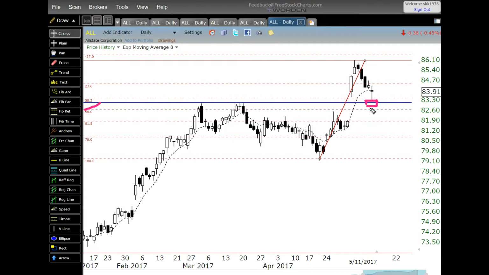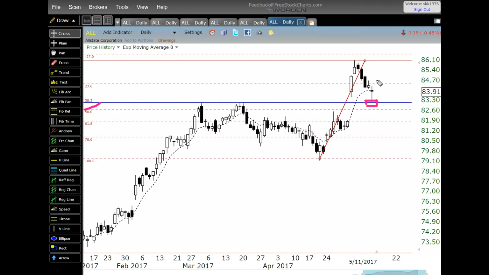So that's a good signal, a confluence of support lines. So I would wait and see what happens tomorrow in the market, and see if there is a candlestick pattern that would tell us to go long tomorrow.